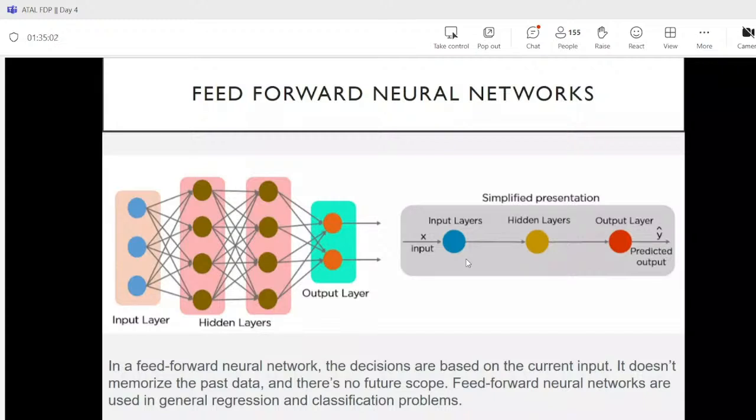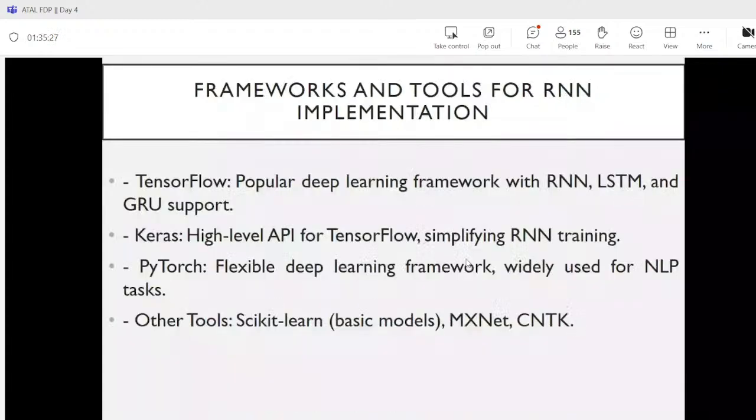By the words themselves, you can simply identify them. If I give a single input, it gives a single output. One input can be converted into multiple outputs. And multiple inputs can give multiple outputs. So these are the 4 simple categories of recurrent neural networks. I'm not going to go very deep into this category.